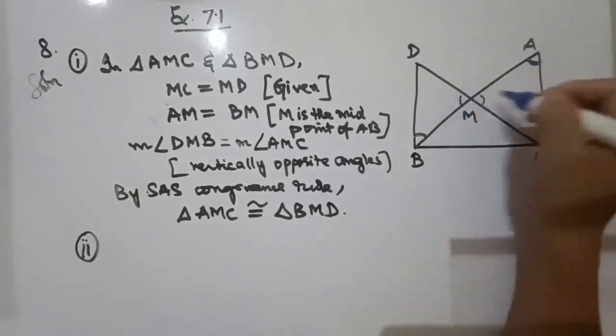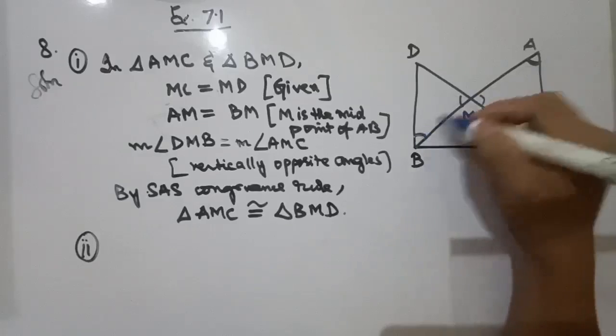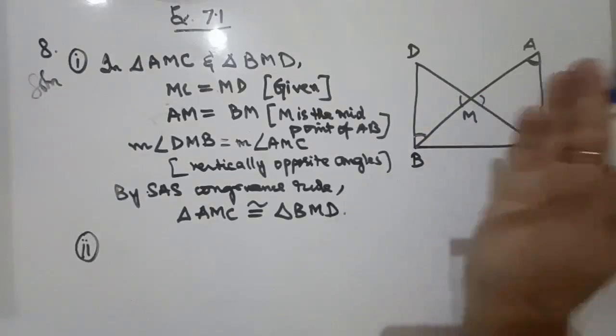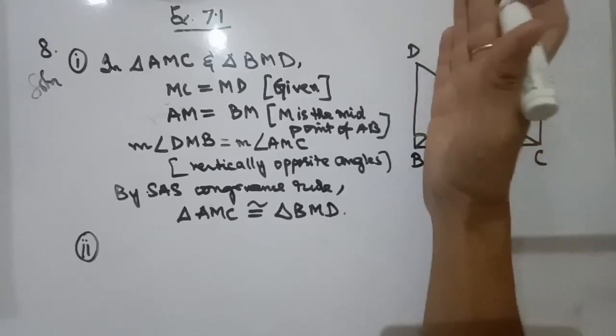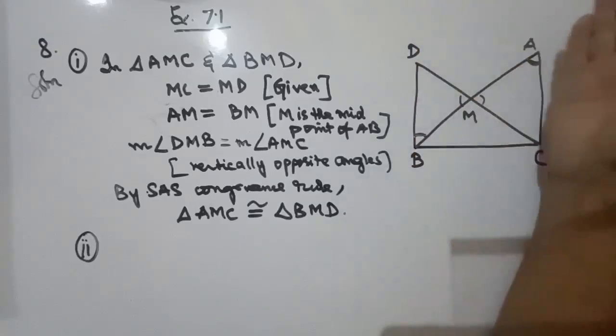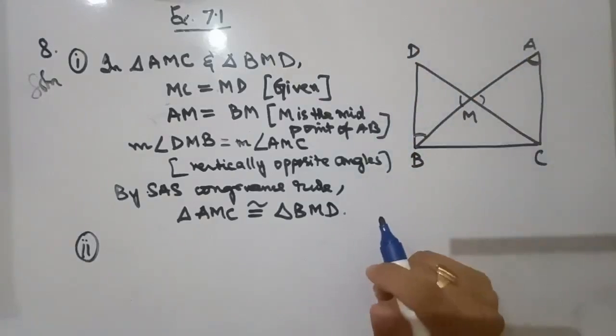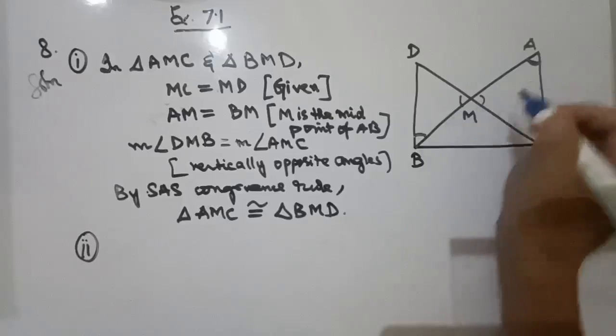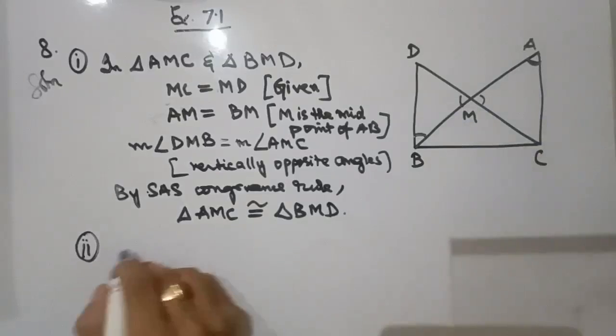Since these two triangles are congruent, these two angles are equal. Therefore, side DB and side AC are parallel to each other, since these two angles are alternate angles.